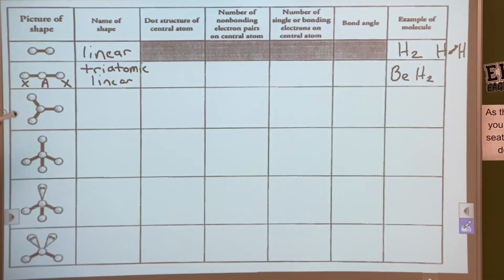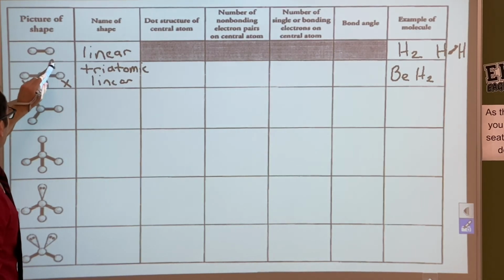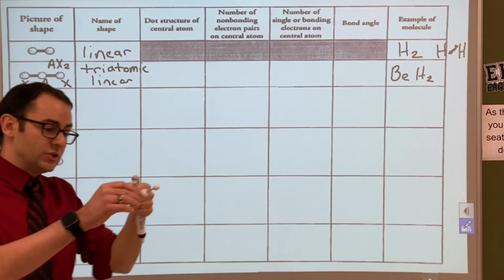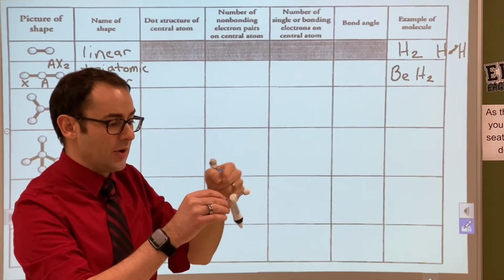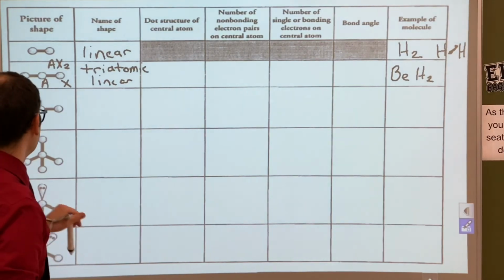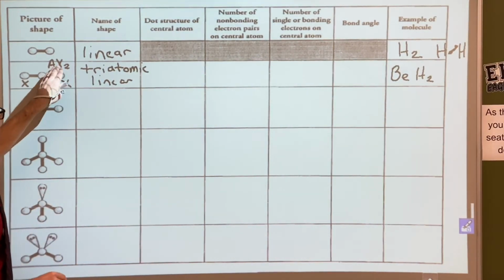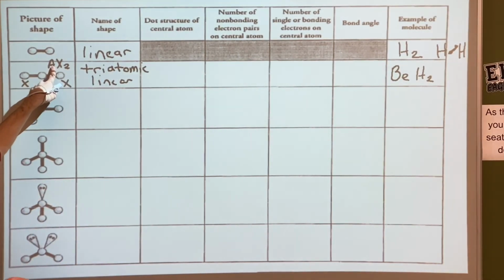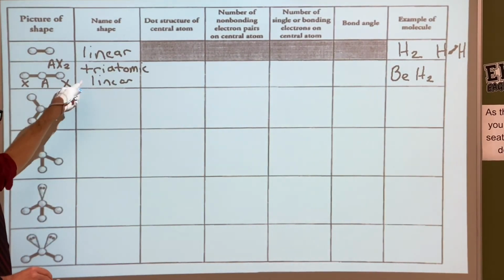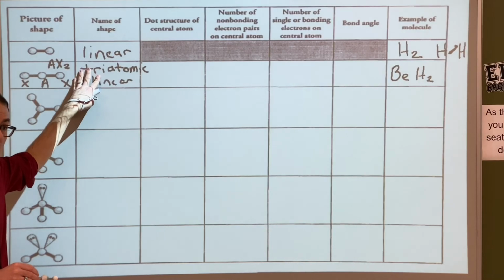So what we're going to call this is AX2, all right? And that means you have 1 atom in the center and then 2 atoms connected to it, and that's it, all right? There's no extra electrons, nothing else is going on there. So every time you see this AX2, you know it's going to be triatomic linear because they're connected. That's how it works, all right?